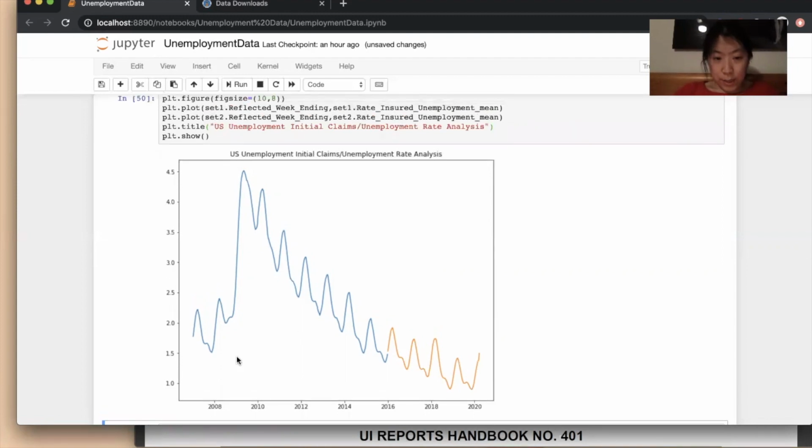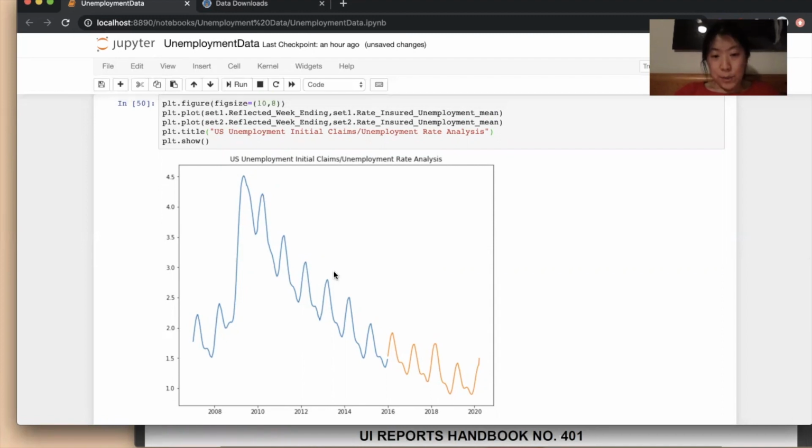Another thing, as you can see, is these rates display some regular fluctuations. And the reason why is because unemployment shows a very regular seasonal pattern. This is also because the seasonal thing can be impacted by many factors, and one of them could be the industry structure.